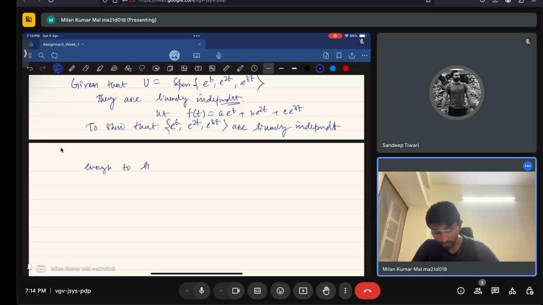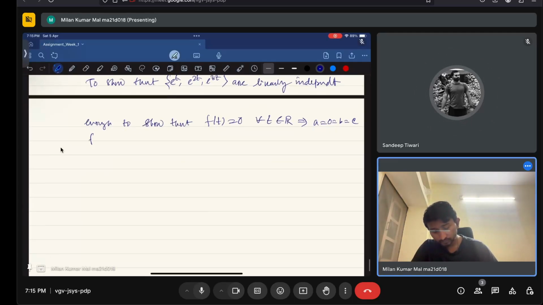It is enough to show that if f(t) equals 0 for all t belongs to R, it implies that a equals 0 equals b equals c, right?